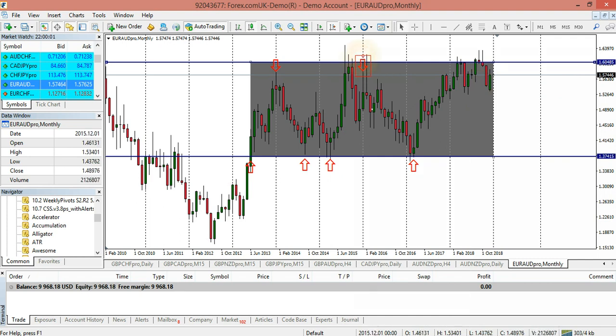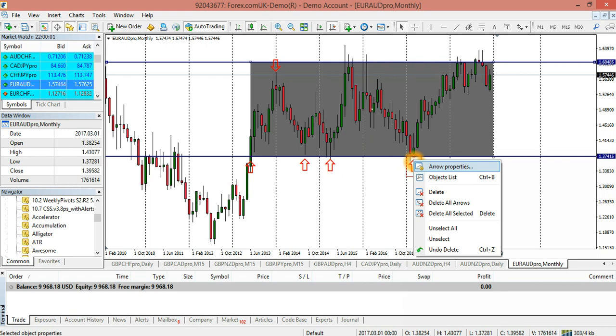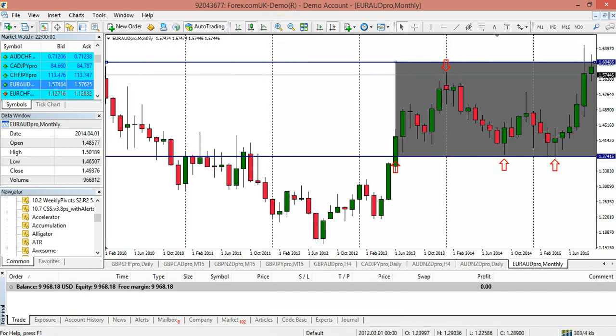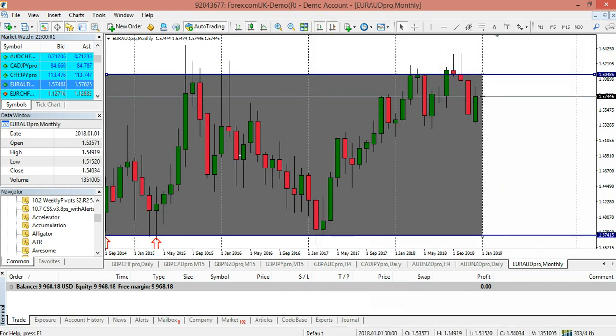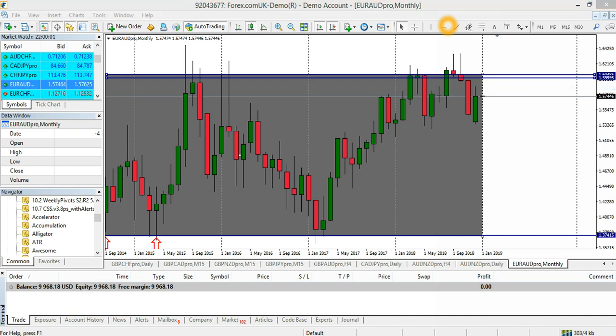I'm going to go to a different time frame to highlight this particular point. I zoom in and look at last year, 2018. If you zoom in and look a little closer, you're going to notice something. Within the bigger consolidation, there is a smaller consolidation.